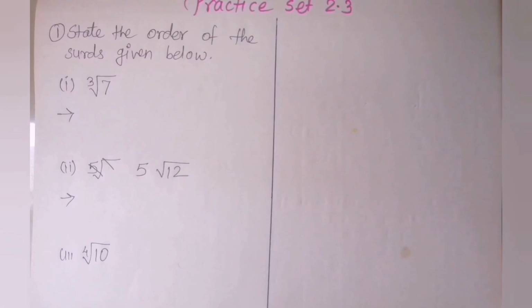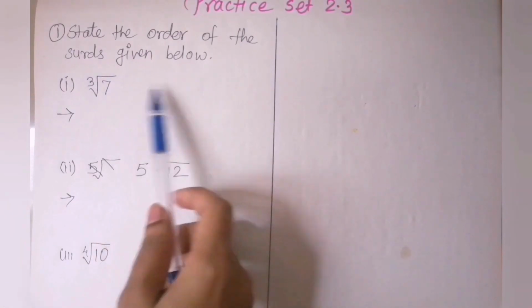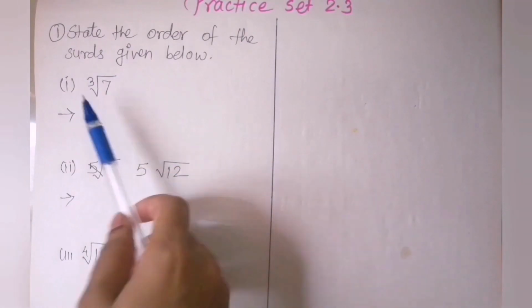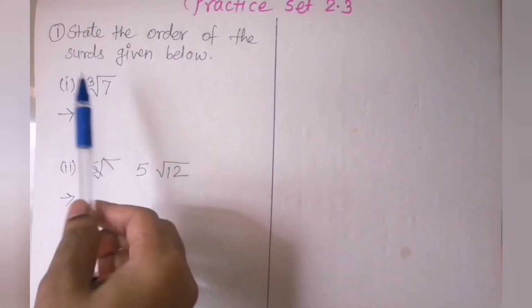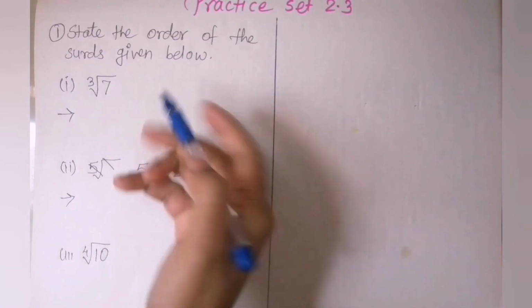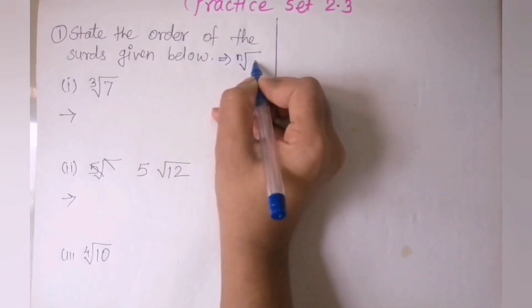Now students, start with practice set 2.3. Look at the first example. State the order of the surds given below. We have the cube root of 7. So what does order mean? In general form we have the nth root of a.